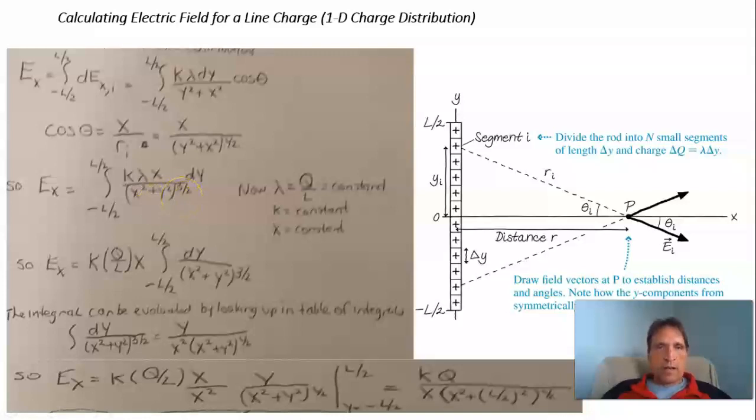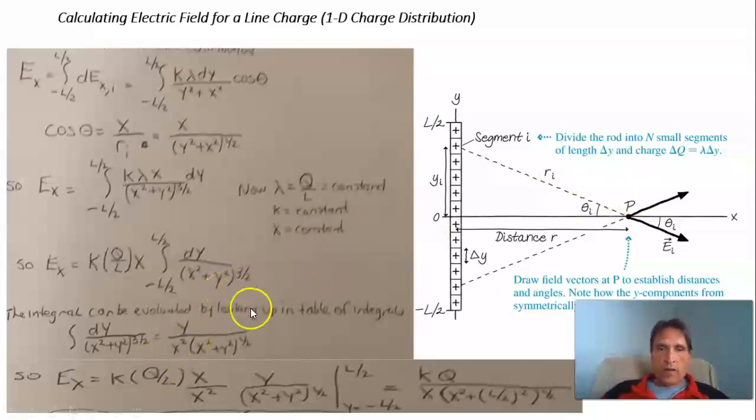Okay. Now, λ is a constant, k is a constant, x is a constant, so we can pull all of these out of the integral, but we're still left with a kind of messy looking integral here. Okay, we're integrating over y, and we have a constant x squared plus y squared to the 3/2. Okay. Fortunately, there are tables of integrals that we can go to if it's been a while since we've solved these.